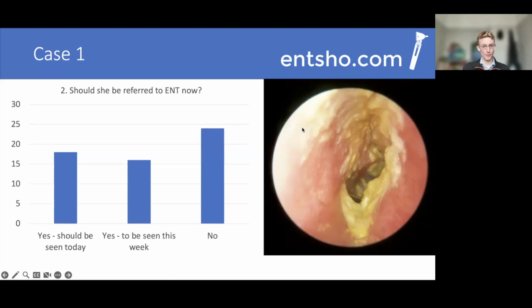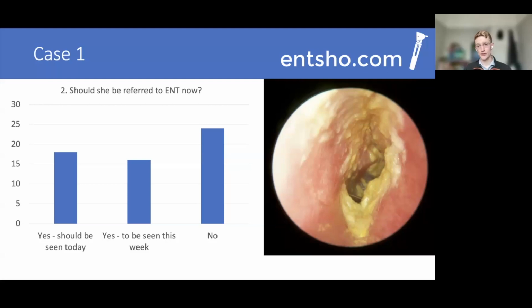So this has obviously got a bit of a mixed response from people. This lady didn't have any red flags for complications of otitis externa or necrotizing otitis externa. So she certainly doesn't need to be treated the same day.